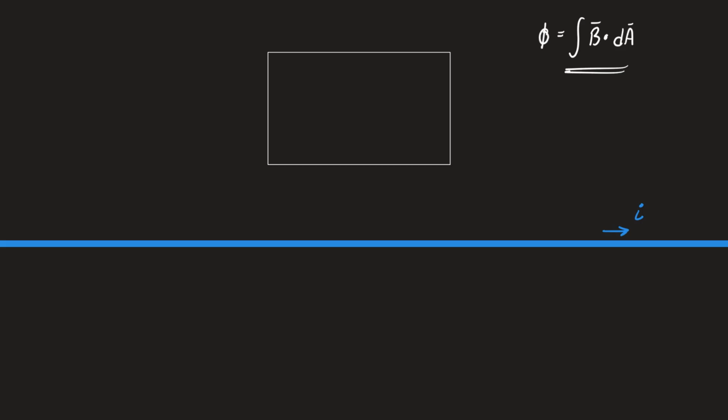Let's give us some details. Let's say this is L and this is W, length and width. And we'll say that this is a distance z away from the wire.